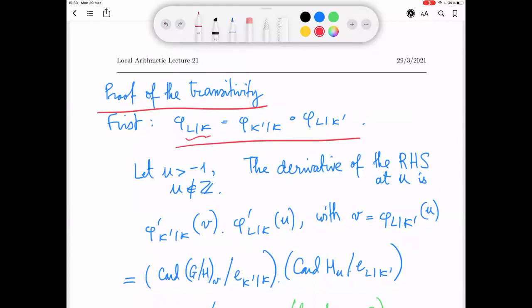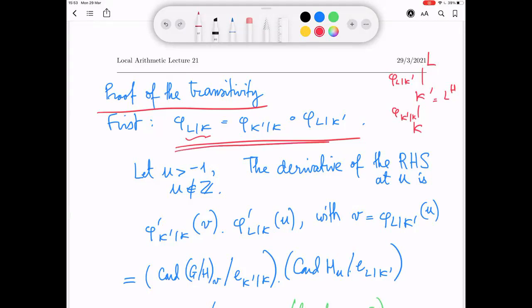The situation is: K' is L^H, and you have L here. So this is your phi L over K', and phi K' over K here.